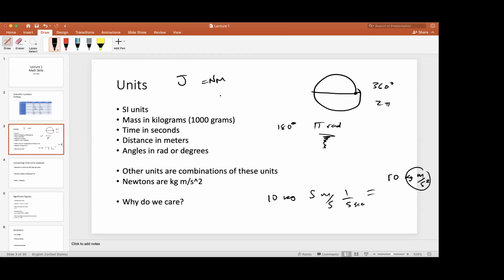That's why a lot of professors will drum into you over and over and over again, list your units. I care about units at the end. I do want to see a proper answer in units. Along the way, I don't care.